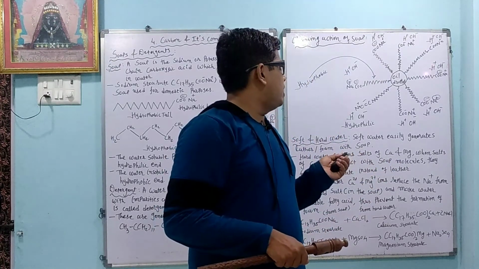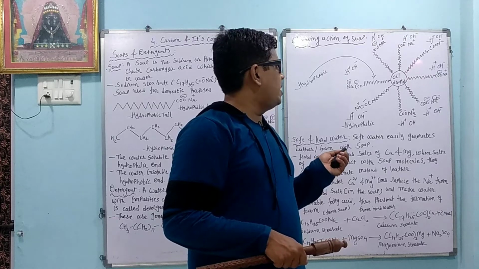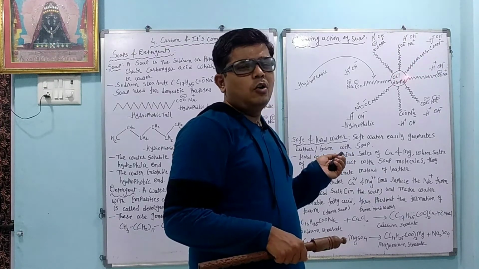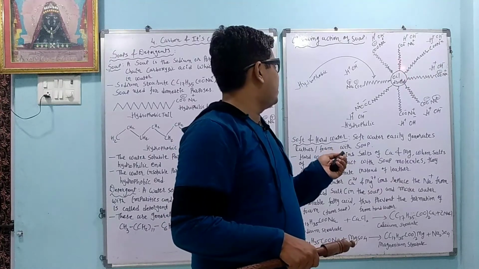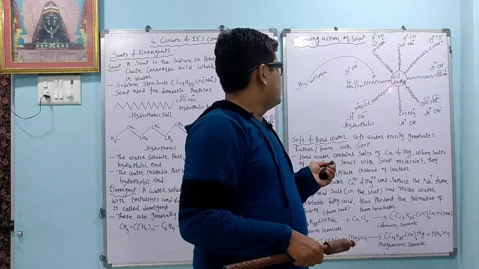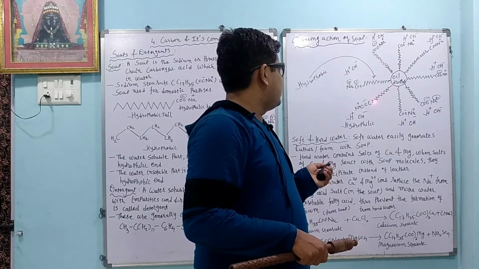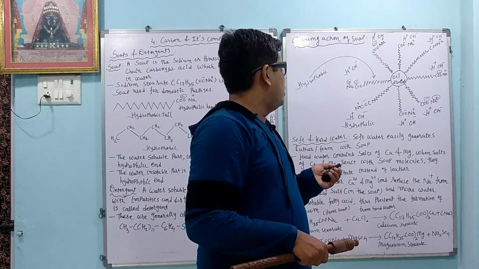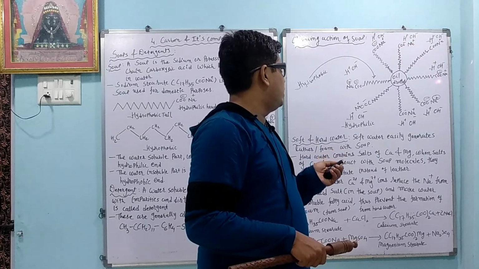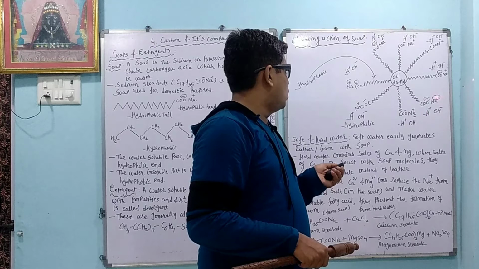In soap or detergent, the zigzag line part has no charge, so it attaches with the oil. This zigzag tail part of the soap and detergent attaches with the oil, and the head part, COONa, has charge, so it attaches with the water.